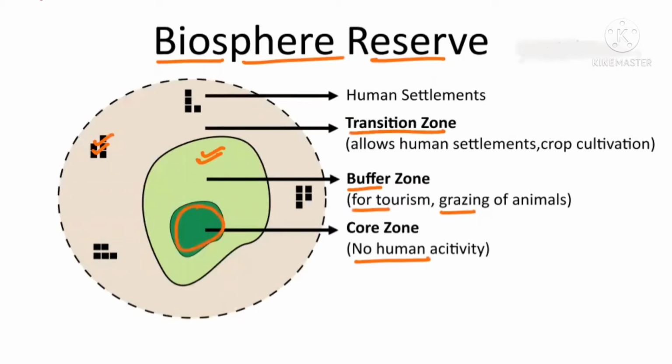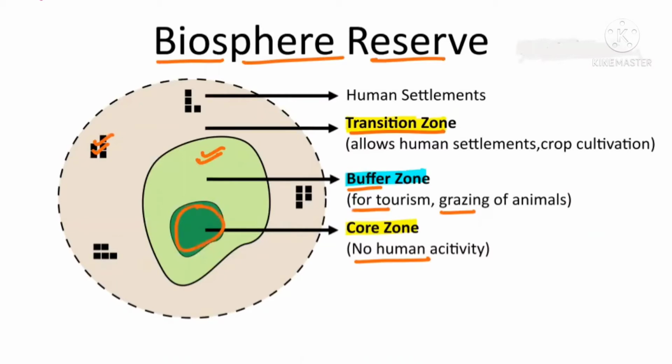So actually, in the biosphere reserve, when they are making it, they are making 3 zones. The center is the core zone where no human activity is allowed. Then the outermost is the transition zone where the settlement of humans is allowed, crop cultivation is allowed, meaning local tribal people. And in between them is the buffer zone, which is open for tourism and the grazing of the animals which are living outside in the transition zone.